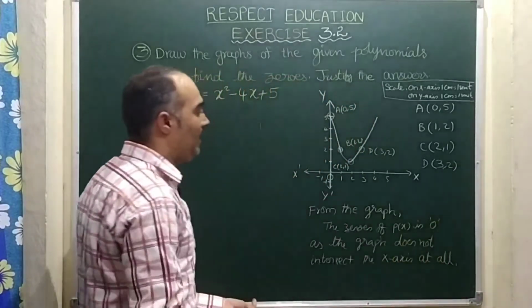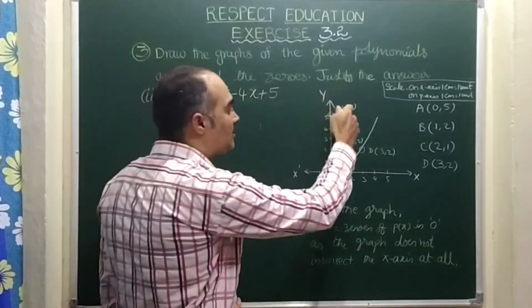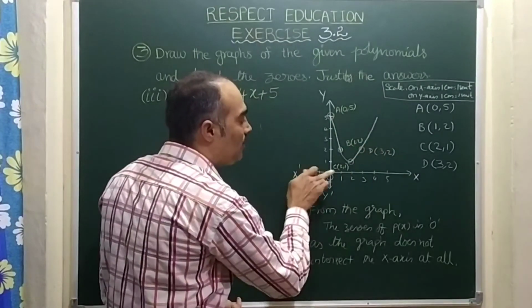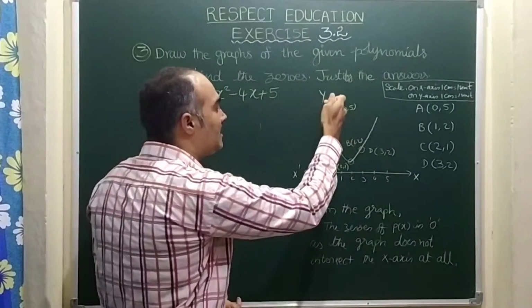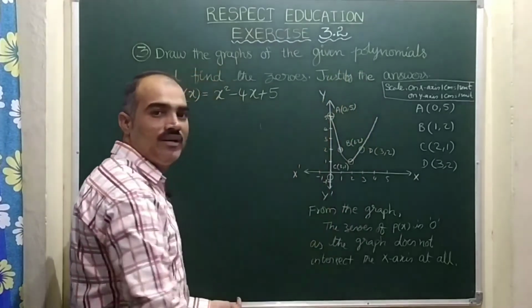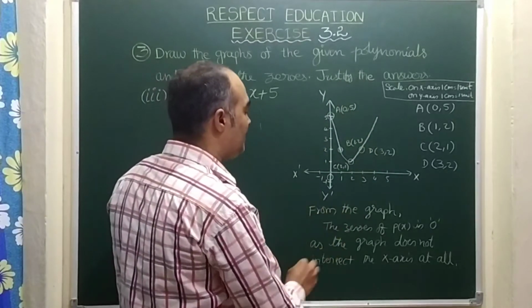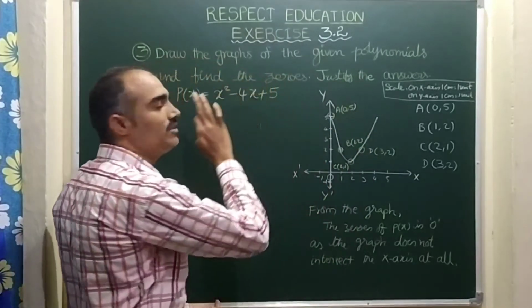Without intersecting the x-axis, the graph has taken a turning. So in this case the given polynomial has no zeros.